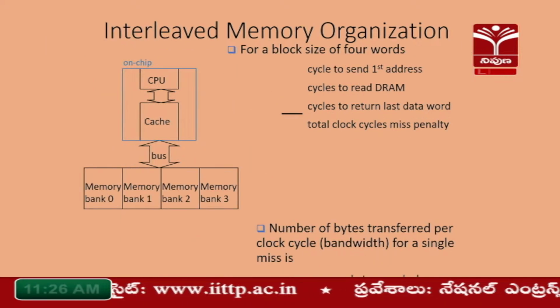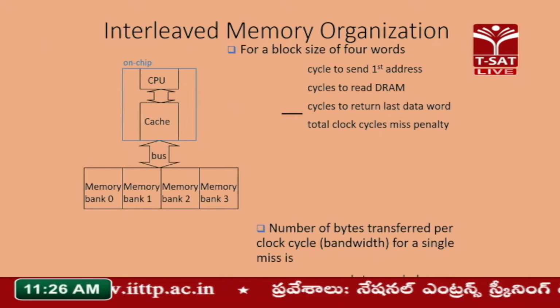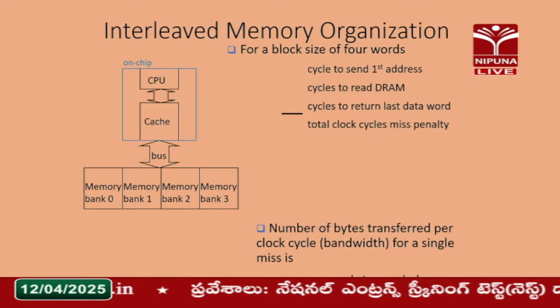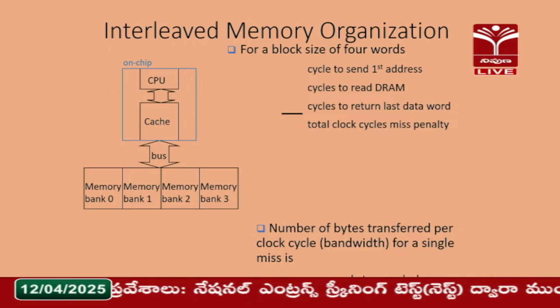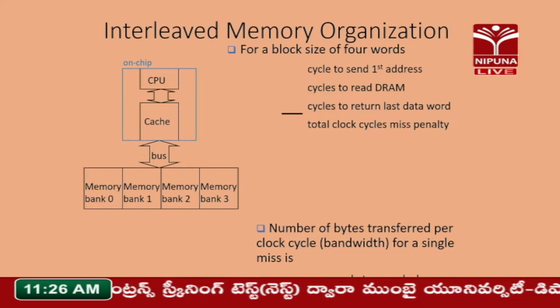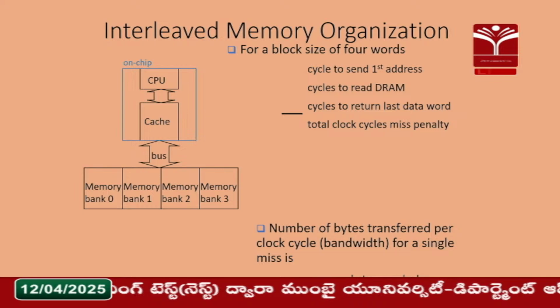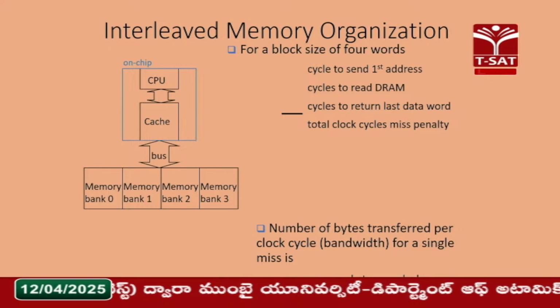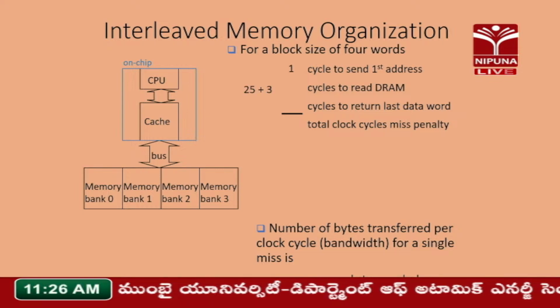But what if we have interleaved memory access, right? As I mentioned, you have a 32 bit data bus in the first slide. Now, I am increasing the 32 bit data bus to memory banking and increasing the number of bytes that I am actually transferring from the main memory. Right.